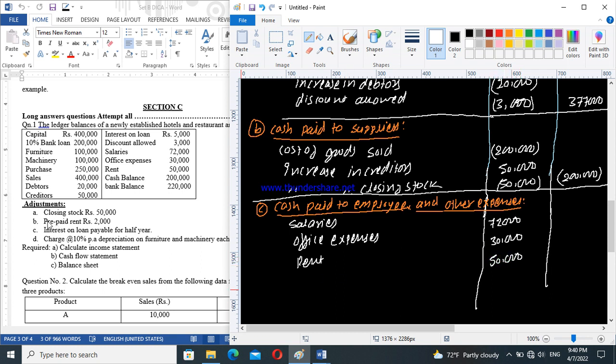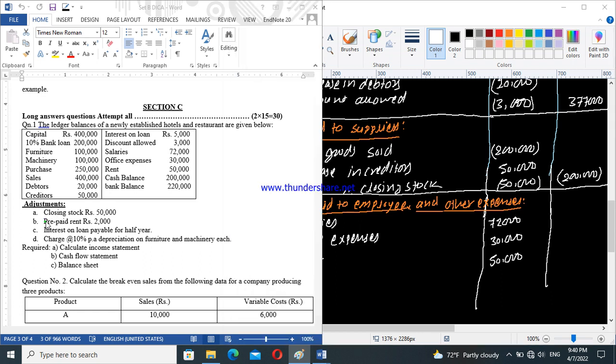You can ignore this given information, except closing stock. Therefore you can ignore it for the calculation of the cash flow statement.